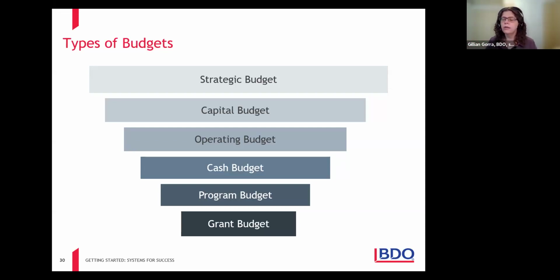How much more revenue are we going to have to raise in year 3 to accomplish year 3 goals? We don't necessarily have to flesh out an entire line item budget with all kinds of detail for every year. That might be too hard. We may not have enough information, but at least understanding, if by year 3 we want to have 5 after-school programs instead of the one that we have now, we need to start to think about, how many more teachers are we going to need to have in year 3?